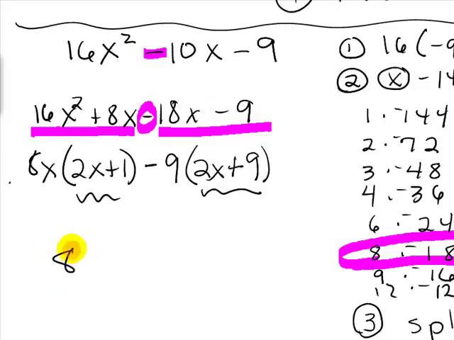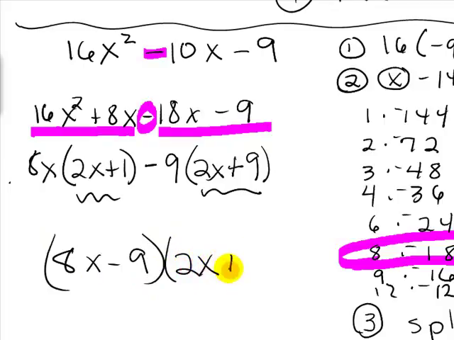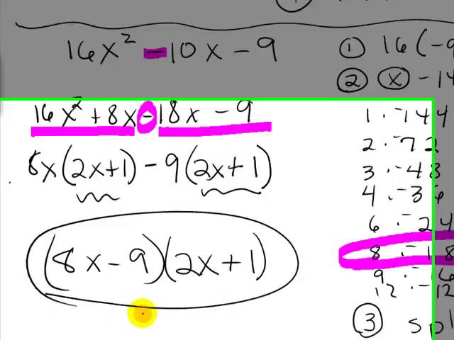Then we just write our answer. Oh, I see I made a mistake when I was writing. I hate that. Say one thing, write something else. Just the way the brain works sometimes. There we go. Negative 9 times a positive 1 gives me that negative 9. And now these two match to give me my answer.